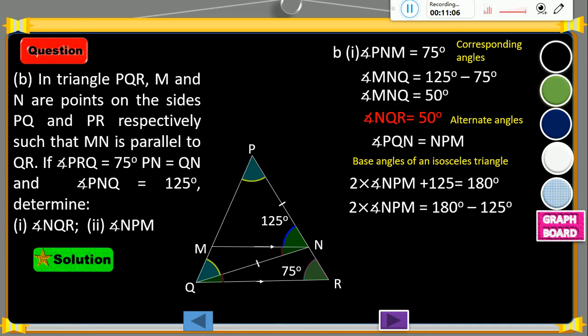So the two base angles will be equal to 180 minus the apex angle 125 degrees. So therefore the base angle is equal to 55 divided by 2. The base angle is equal to 27.5 degrees. Therefore angle NPM is 27.5 degrees.